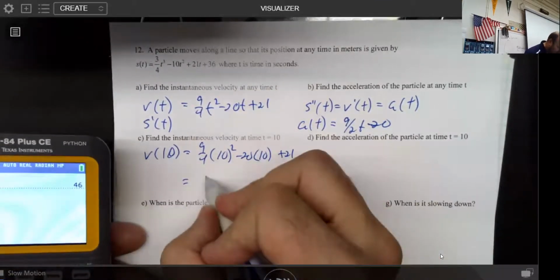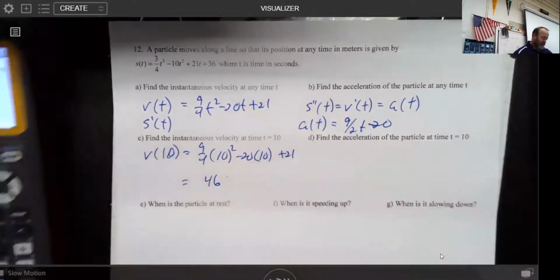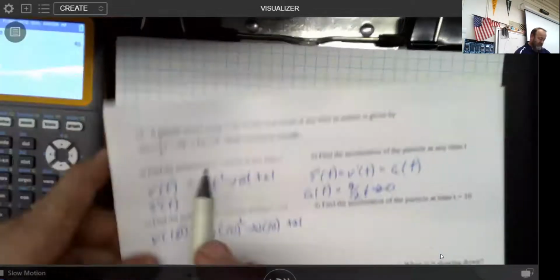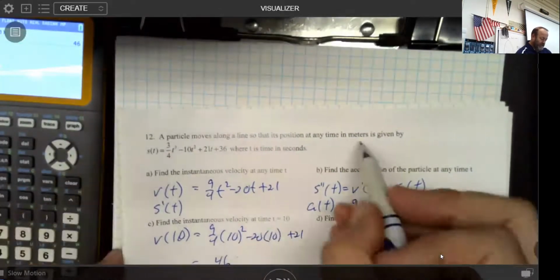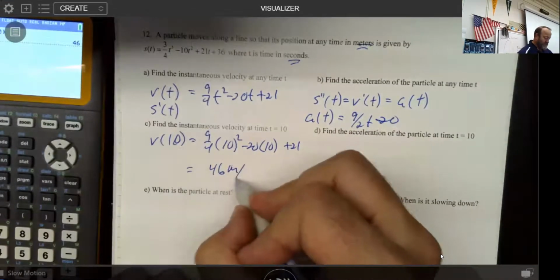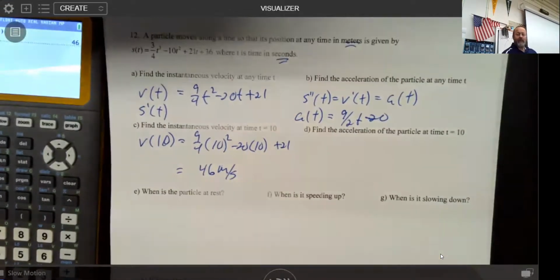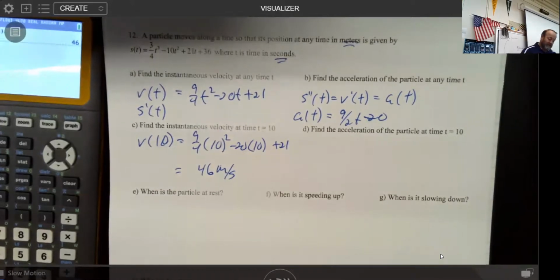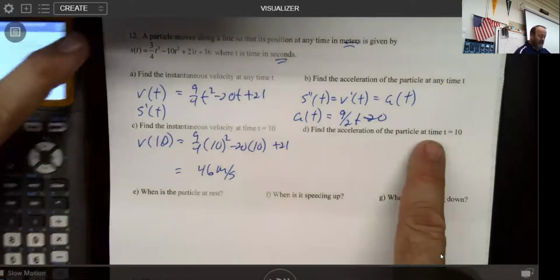So I got 46. If you look very carefully, it talks about this thing moving along a line in meters and in seconds. So the velocity is 46 meters per second at 10. Now, if we wanted to find the acceleration, we could do the same thing.